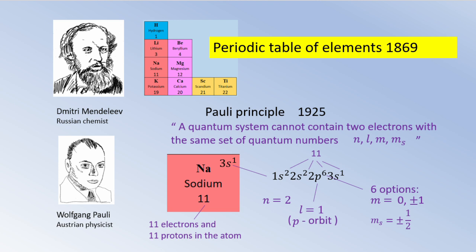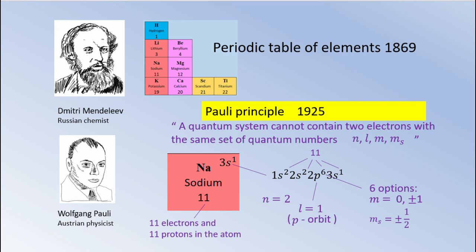In 1925, Wolfgang Pauli formulated his famous principle: a quantum system cannot contain two electrons with the same set of quantum numbers. In addition to the three quantum numbers that came from the Schrödinger equation, he used a fourth, the so-called spin magnetic quantum number, describing the own angular momentum of the electron. Thus, the periodicity of chemical elements was explained by the sequence of filling electron shells in multi-electron atoms.